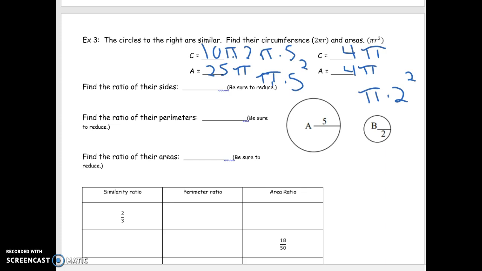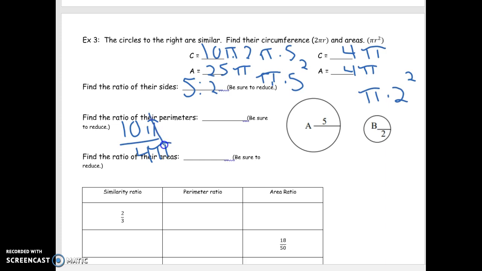I'm going to go look at the ratio of their sides, which means the ratio of their radius. We get 5 to 2 here. If I look at the ratio of their perimeters, which is their circumference, I've got 10 pi over 4 pi.